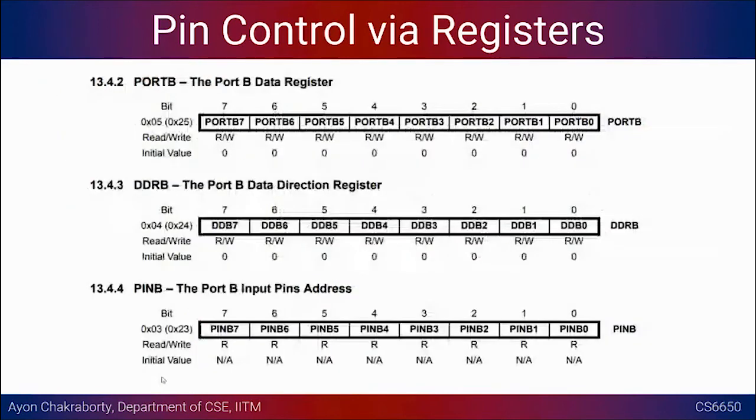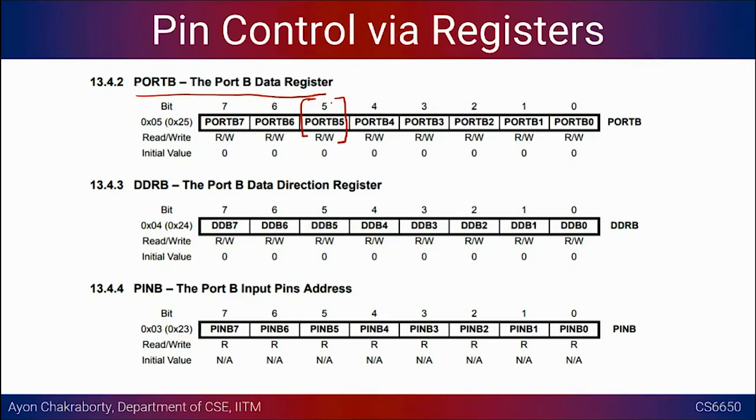So this is just a summary of what they do. Port B, as we have already introduced, directly controls what data is being written, whether it is high or low. Based on that, a particular input output pin will be set as high. As we saw in the LED example, we were trying to turn on pin number 13, which corresponds to bit 5 of the port B register.